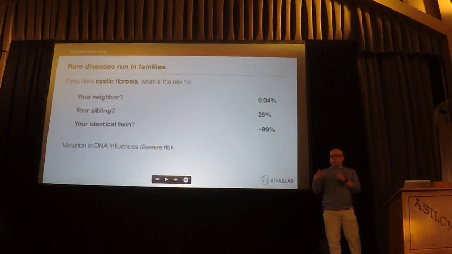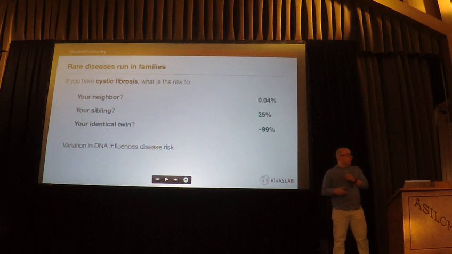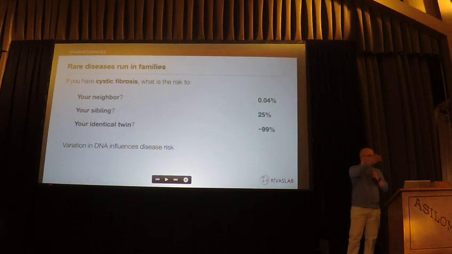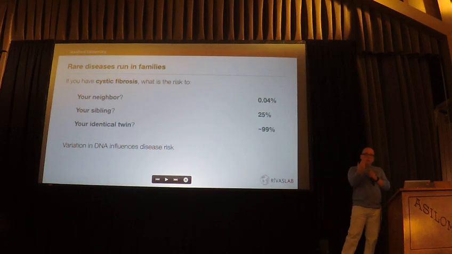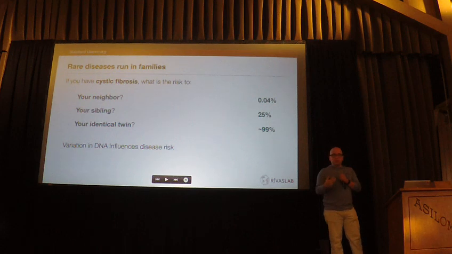That answer is about 25%. And what is the risk to your identical twin? That answer is approximately 99%. These types of comparisons suggest that variation in your DNA influences disease risk.